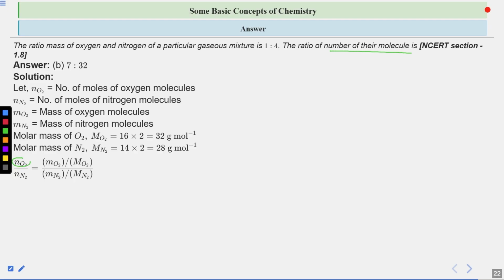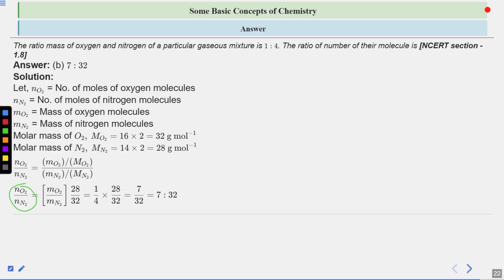If it is so, then the moles of O2 in ratio to moles of N2 can be calculated as the mass of O2 divided by the molar mass of O2, which is the number of moles of O2, and moles of N2 as the mass of N2 divided by the molar mass of N2. Put all of these values, and you will get the ratio of number of moles. So this will be equal to the number of molecules ratio.